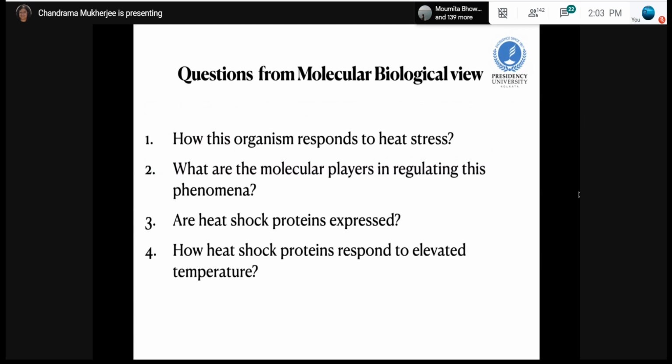When Sumit came to me and shared his wonderful results, I was really interested, and I thought from a molecular biology angle about how this organism responds to heat stress and what the molecular players are in regulating this phenomenon. We all know that heat shock proteins respond to heat stress and play a crucial role in the stress response pathway.